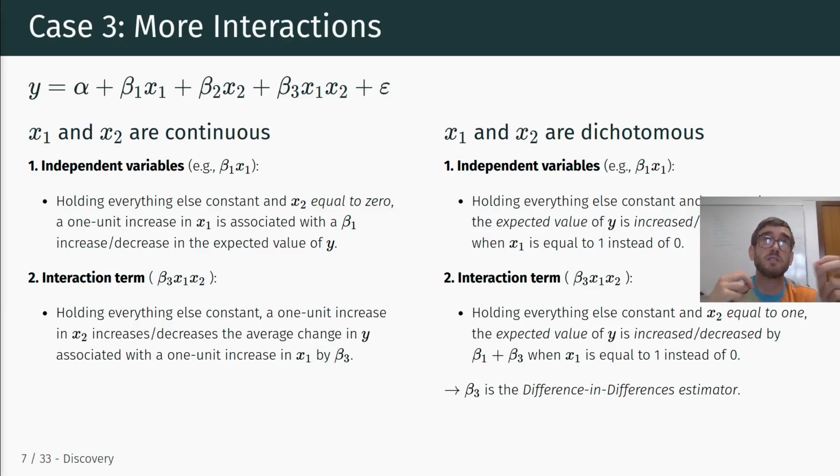The difference in difference estimator then shows you how much employment changed in the treatment group versus the control group in the pre and post comparison. So in that sense, beta 3, the interaction term, is mathematically equivalent to the difference in difference estimator that we talked about in previous weeks.